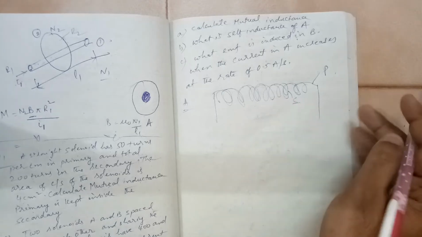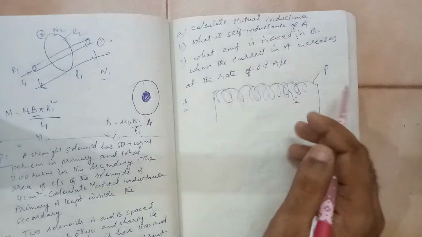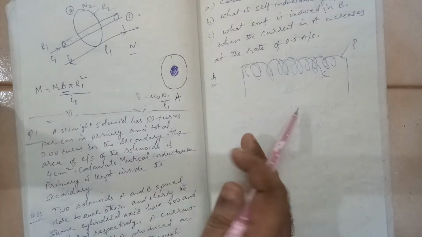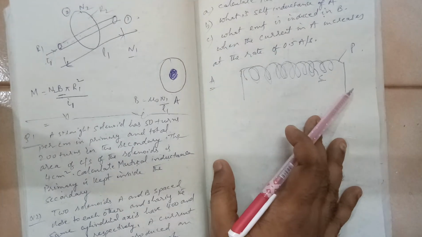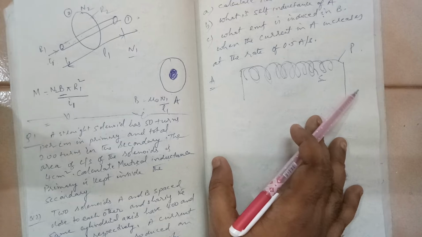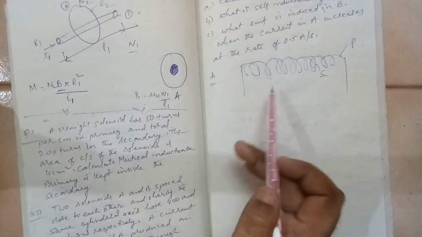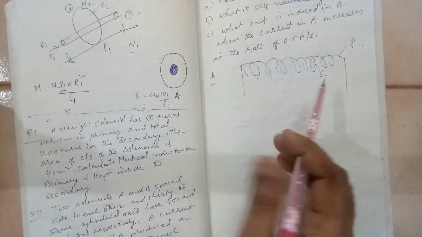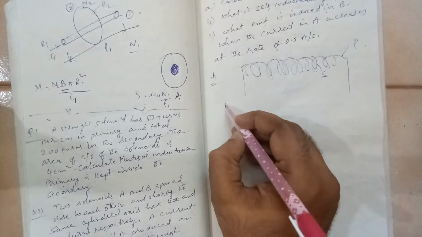Secondary has more turns, so 50 turns per centimeter is what is given for the primary solenoid. Now he has given you the cross sectional area, both having the same cross sectional area, and we have to find out the mutual inductance.